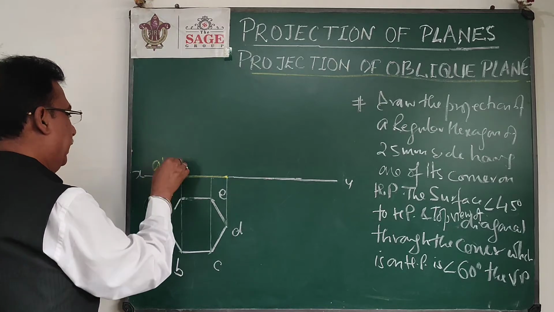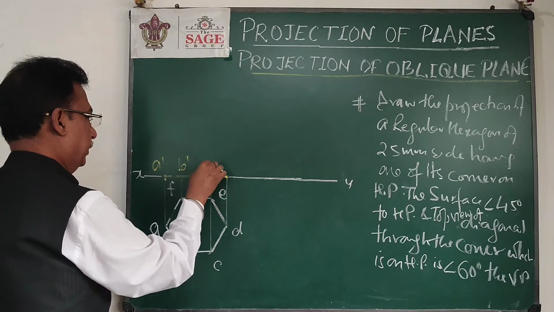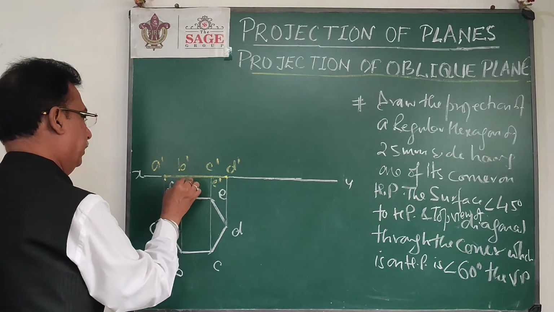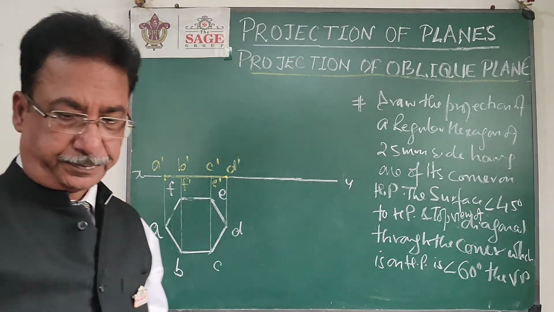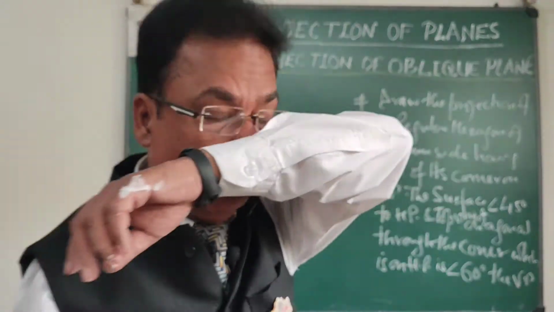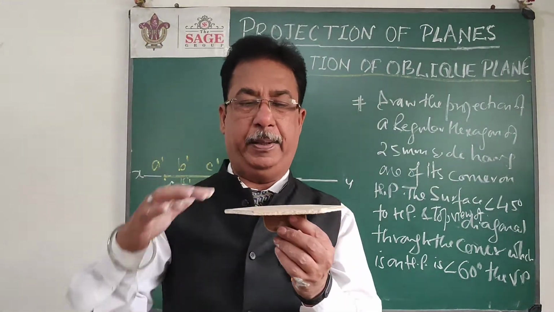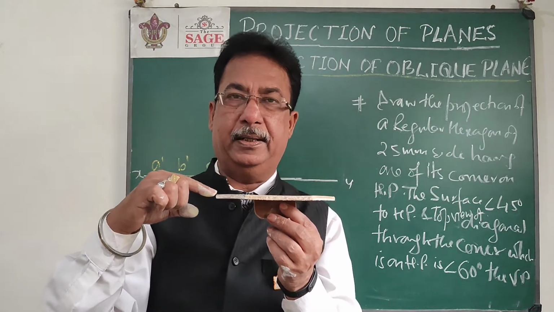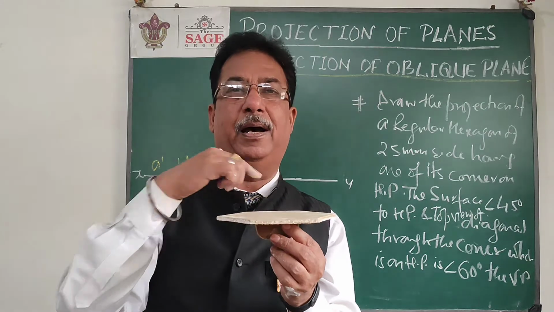This is A dash, B dash, C dash, D dash, E dash and F dash. So this is the first position of our plane when we have kept it on the HP with the diagonal through this corner kept parallel to the VP.